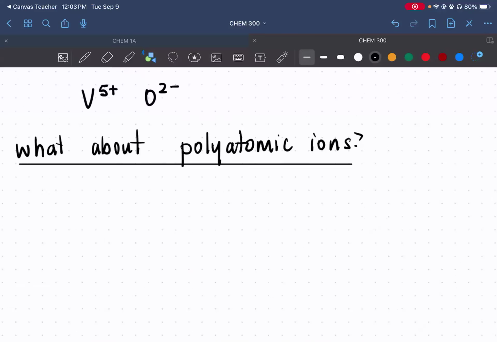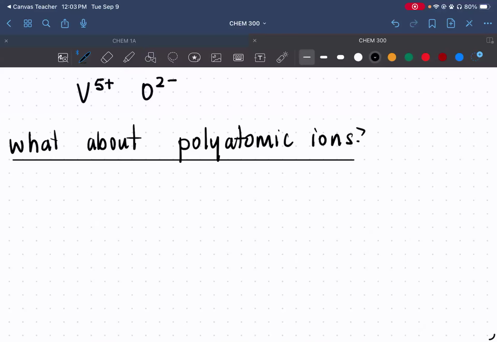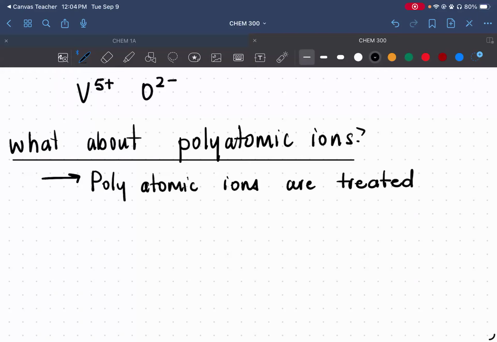Okay. So what about polyatomic ions? There is really no difference. They're not treated any differently, really. There are just a couple big assumptions or claims about it. The polyatomic ions are treated as nonmetals, meaning just like anions, they're written second.